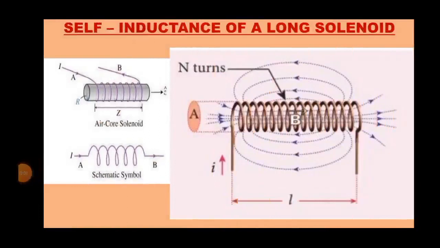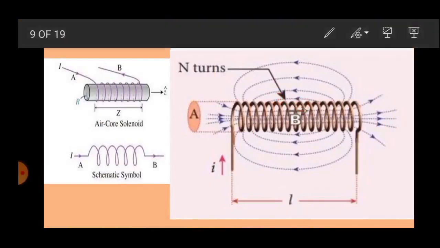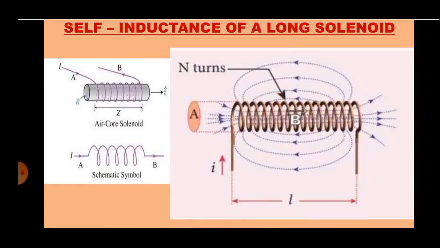Next topic, self-inductance of a long solenoid. This is an important one. Listen, students. Let us consider a solenoid of N turns with length L and area of cross section A. Now the electric current passing through the solenoid coil produces magnetic field lines.